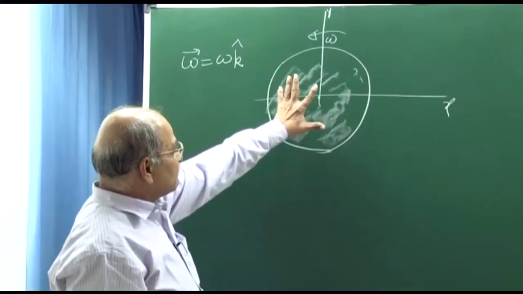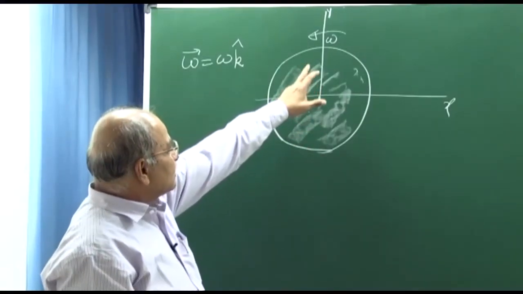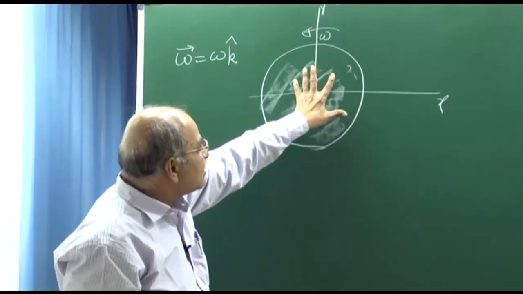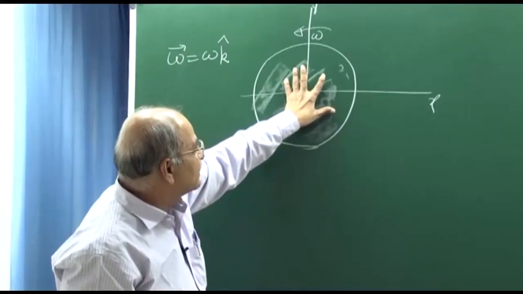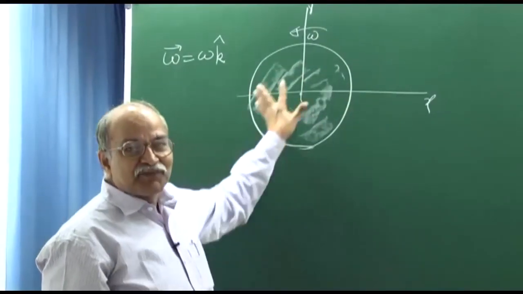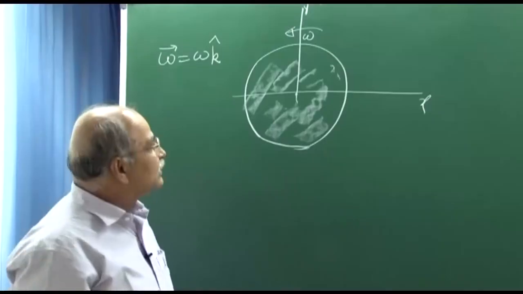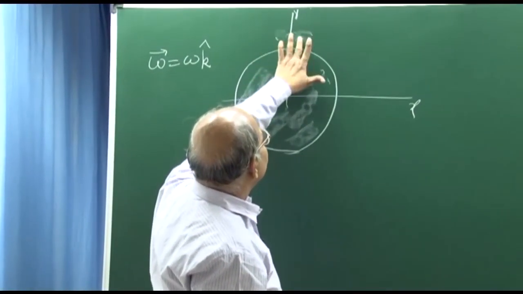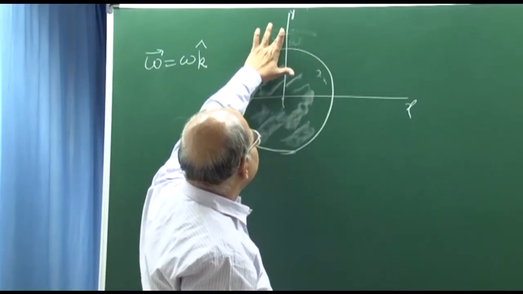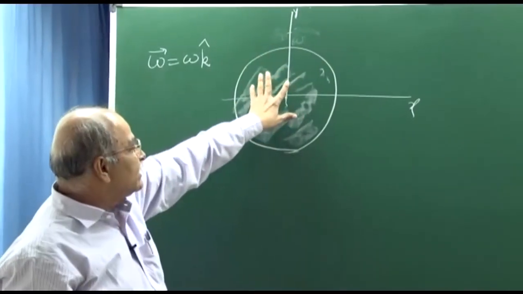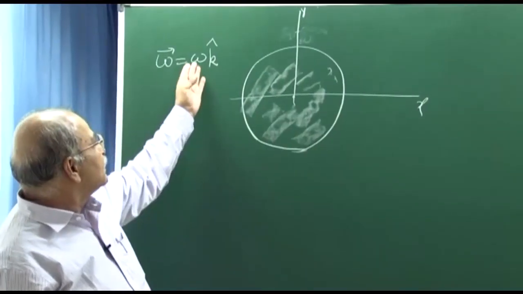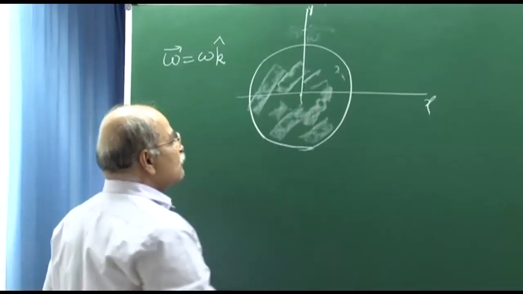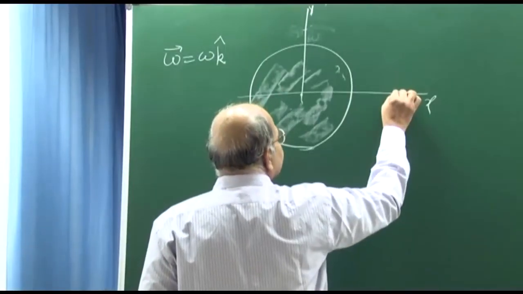And from this frame, now I am using this frame. In my frame these things are fixed and other things are moving in the opposite sense. So, I remove this arrow and this omega, but we do remember that this disc is rotating in the lab frame with this angular velocity omega, and from this frame I am looking at some object, say here.